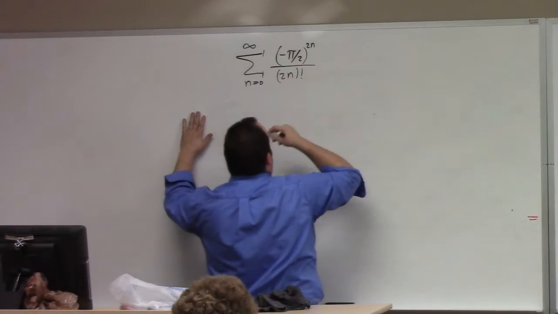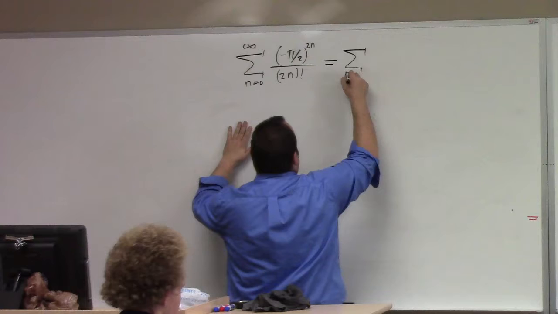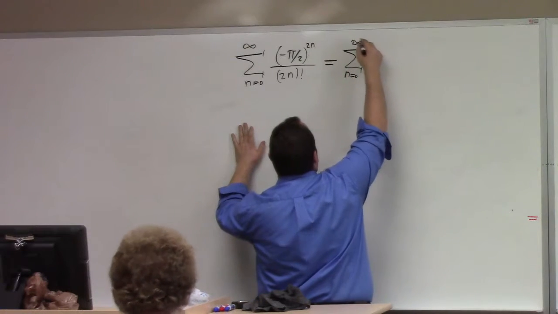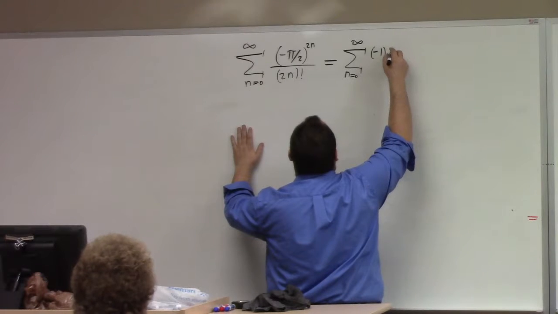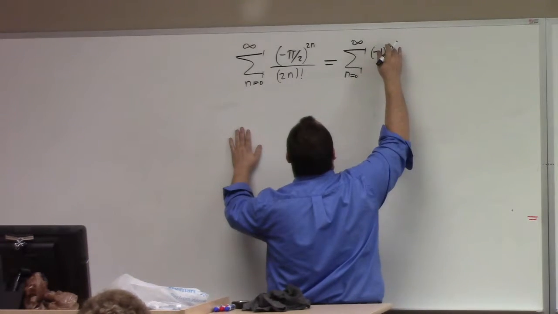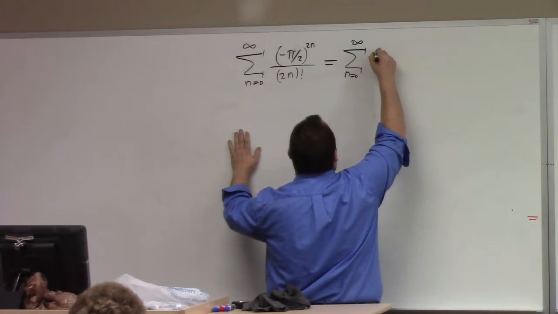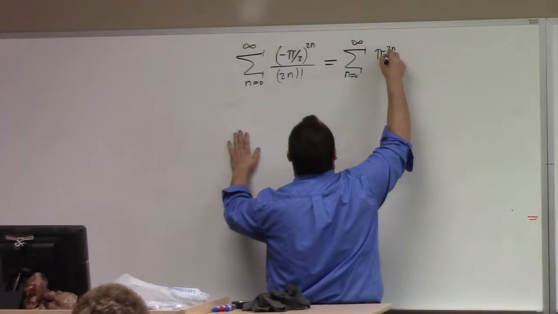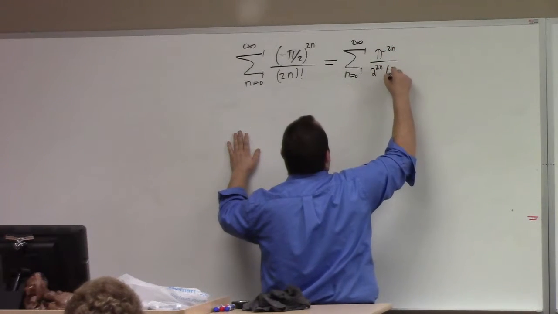This one is more intimidating if I instead give you the problem like pi to the 2n over 2 to the 2n times 2n factorial.